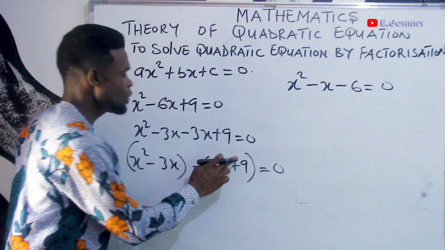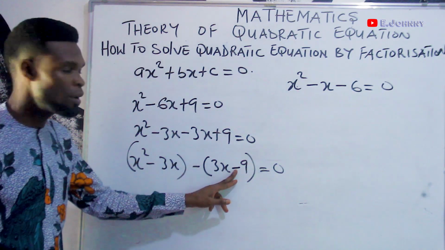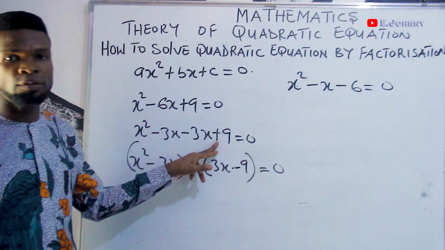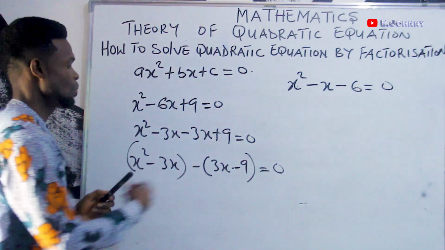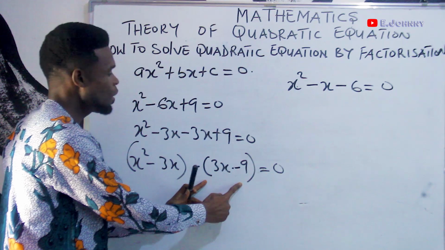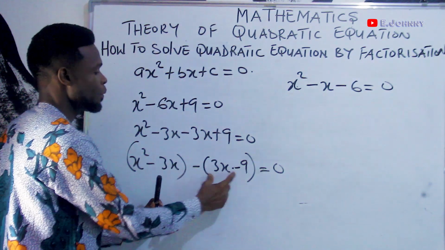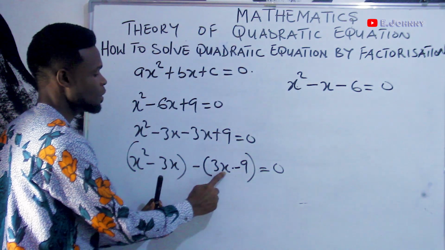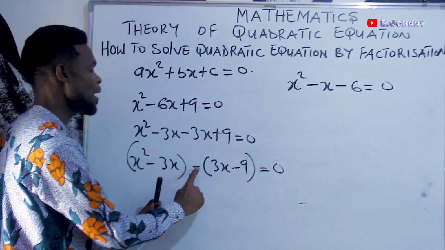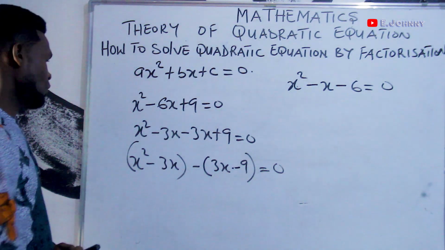Now if I change this place to minus, then minus times minus will also give us plus. So because I have grouped it in twos and introduced a bracket, definitely you change this positive sign to negative sign. Because if you open the bracket, minus times 3x will give us minus 3x, and minus times minus 9 will give us plus 9. Alright, we go.